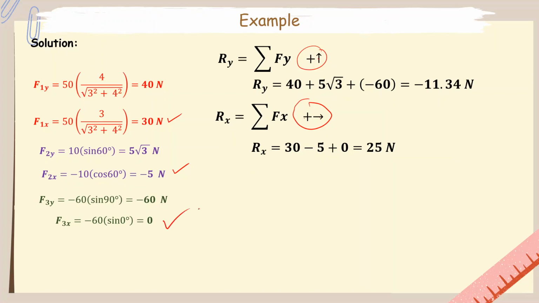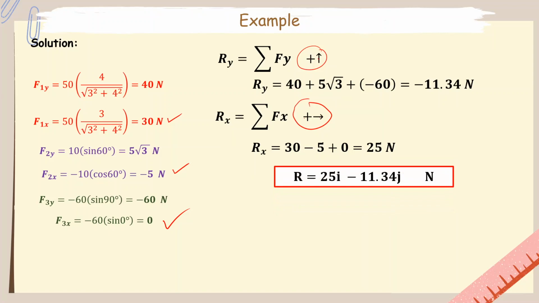So, that's 25 Newton. Therefore, pag ilagay na natin yung resultant, that's equivalent to 25i minus 11.34j. So, ang x, di ba, is i. So, yun ang katabi ng i is x, which is 25. Katabi ng j is negative 11.34. Okay, so this is Rx and this is Ry.